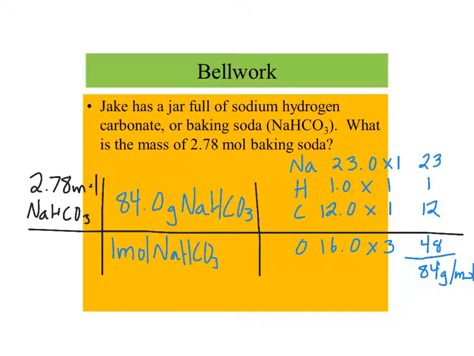And the final value that I get for this mass is going to be 234 with proper sig figs, and that is grams of NaHCO3.